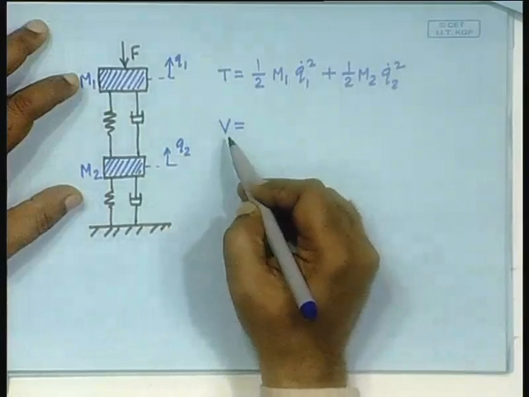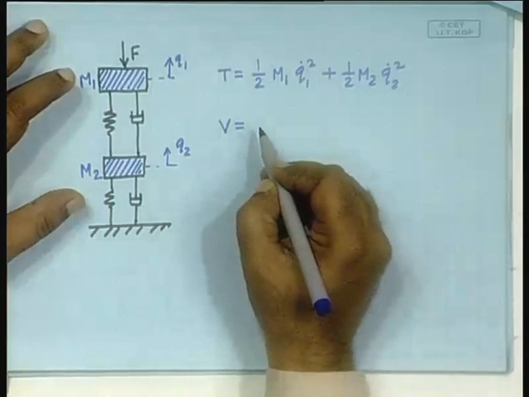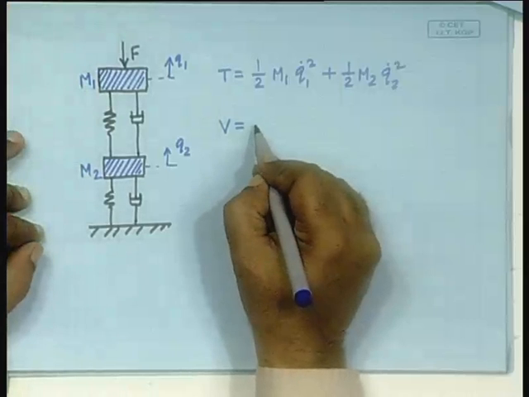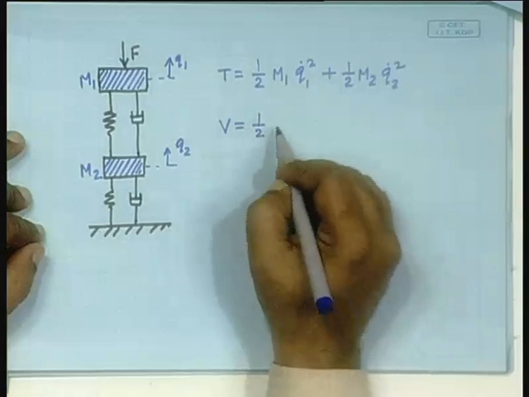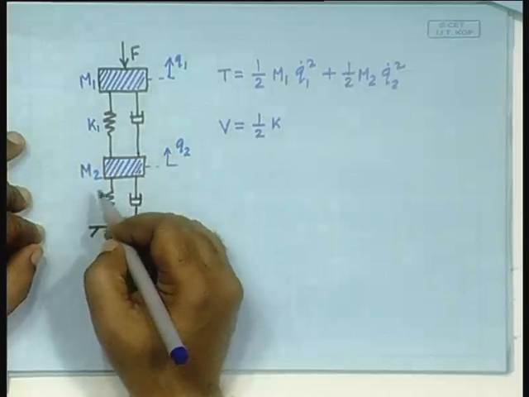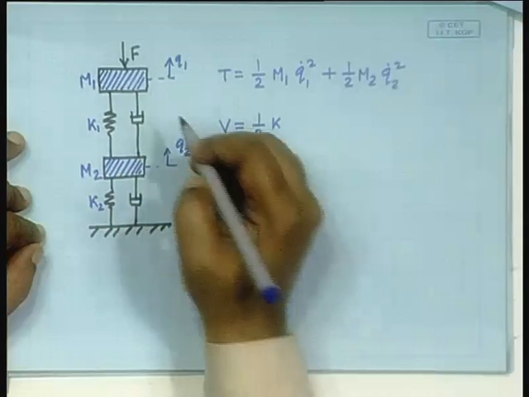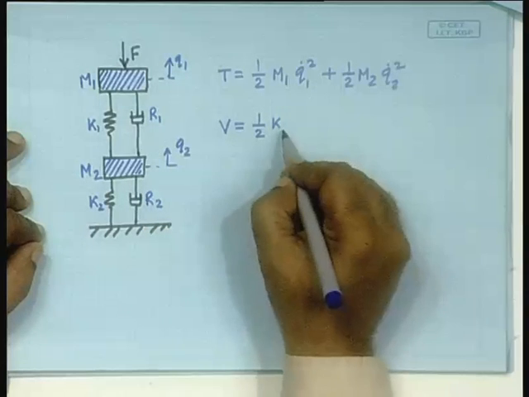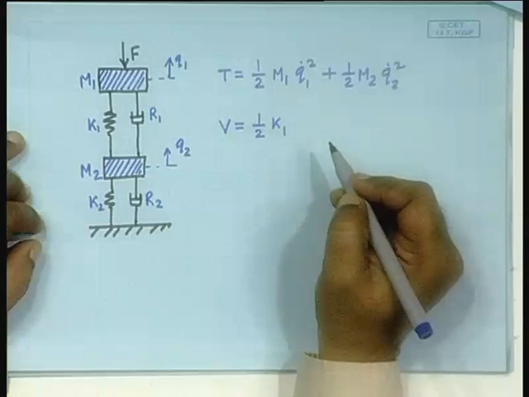So, who cares? I do not want that. So, V will be due to the two springs and the force. So, it will be half, let this be k1 and let this be k2 and this be r1, r2, half k1, then how will you write?